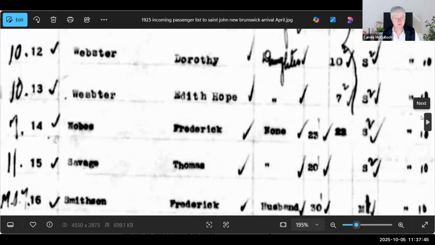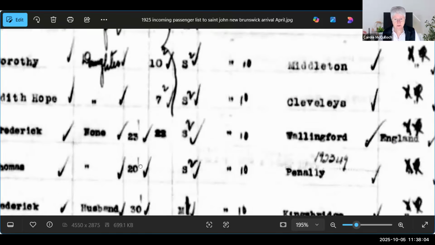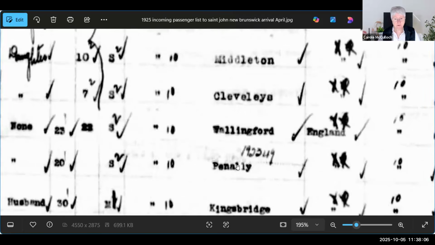So let's have a closer look at the 1925 manifest for SS Montclair. It's a little blurry to read, but here is line 15 for Savage Thomas. He's age 20, he's single. His birthplace is Penally.